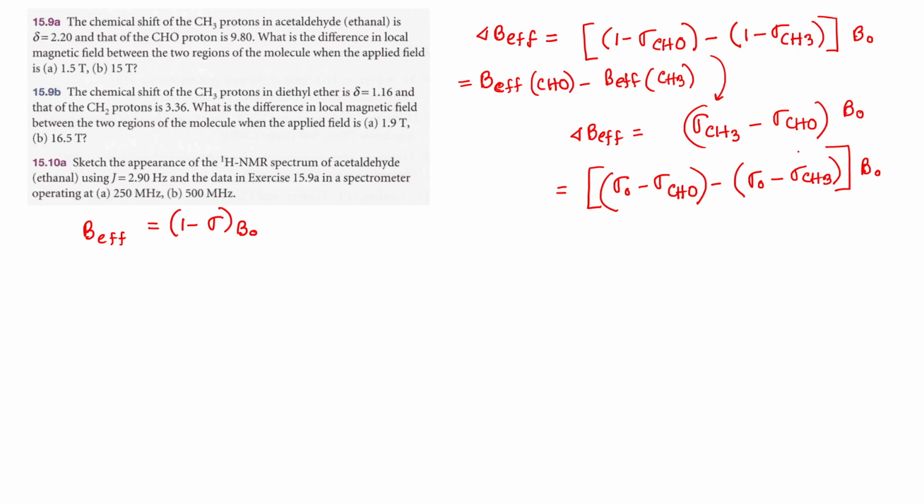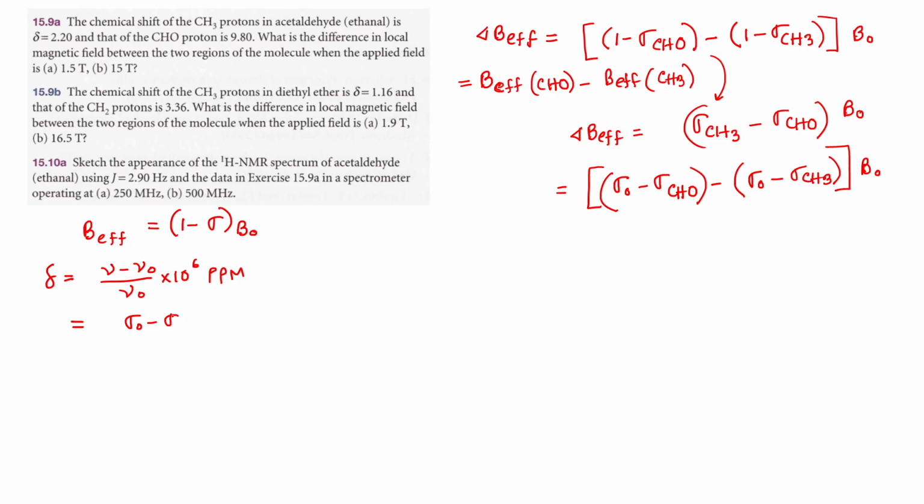Okay, so what are these quantities exactly? If you remember our delta scale, delta is equal to nu minus nu 0 by nu 0 into 10 to the power 6 ppm, right? And what were nu? We have discussed this, so I will just jump the steps to show you.